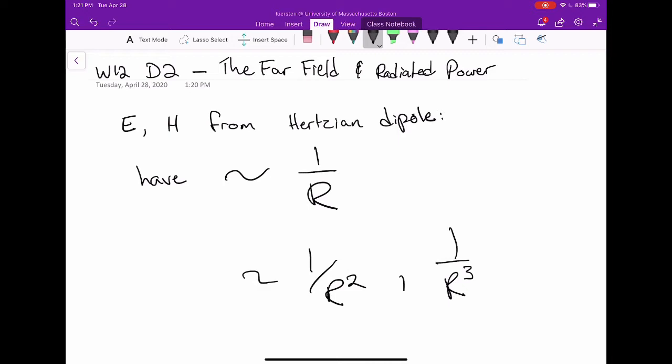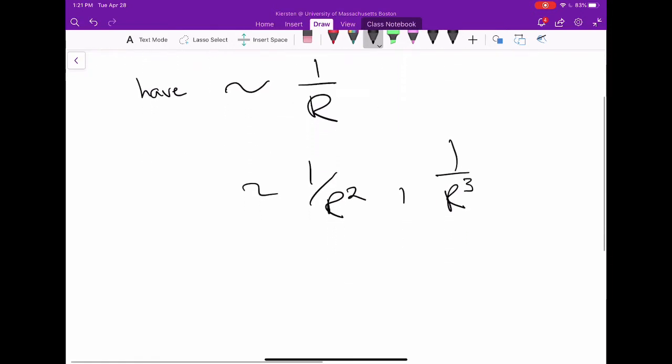However, most of the time we can ignore these 1 over r squared and 1 over r cubed terms.